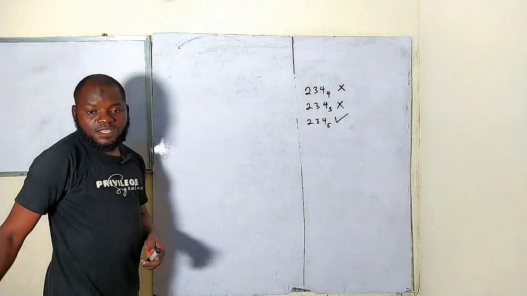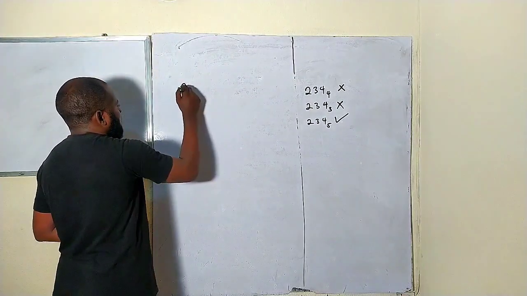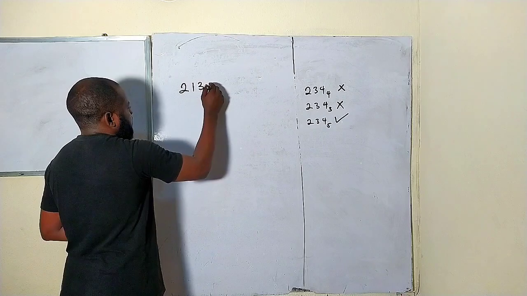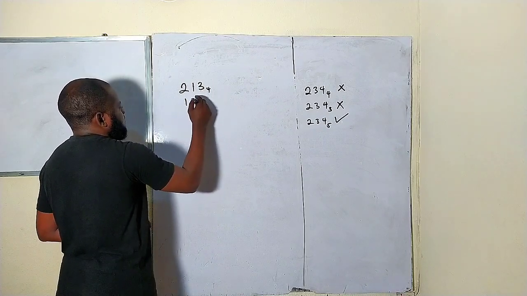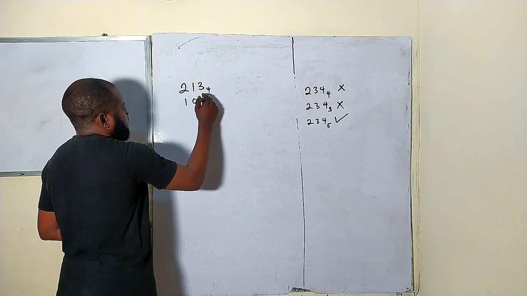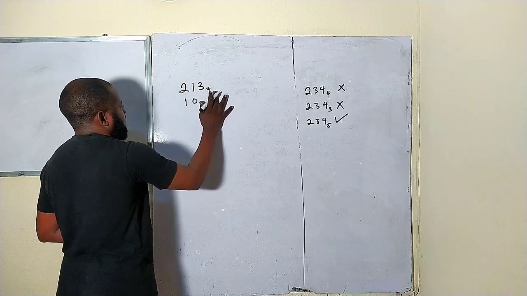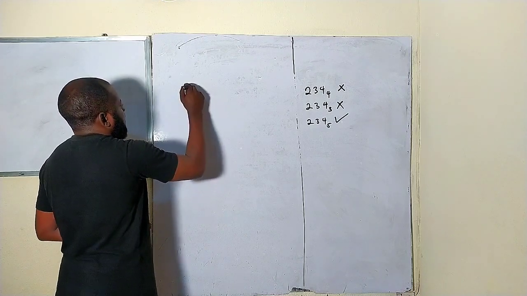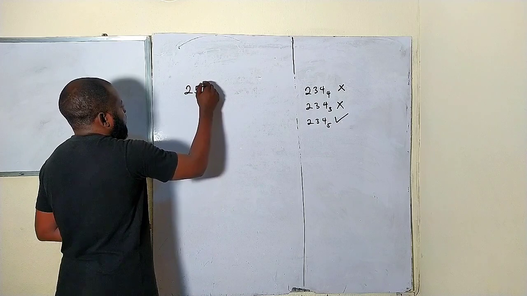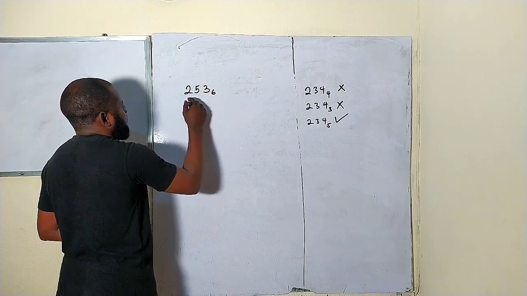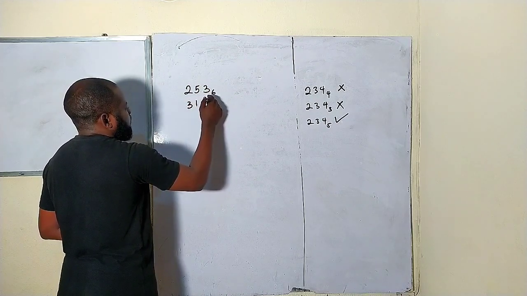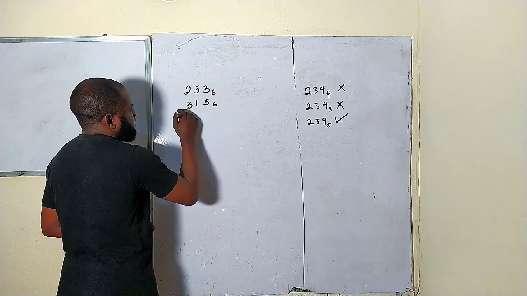Let's take for instance that I have 253 in base 6 and I have 315 in base 6.